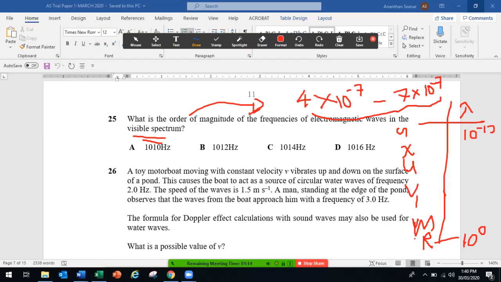So what is the frequency? V equals f lambda. So speed 3 times 10 to the power of 8, divided by, maybe you can go for this wavelength, 7 times 10 to the power of negative 7. What do you get?